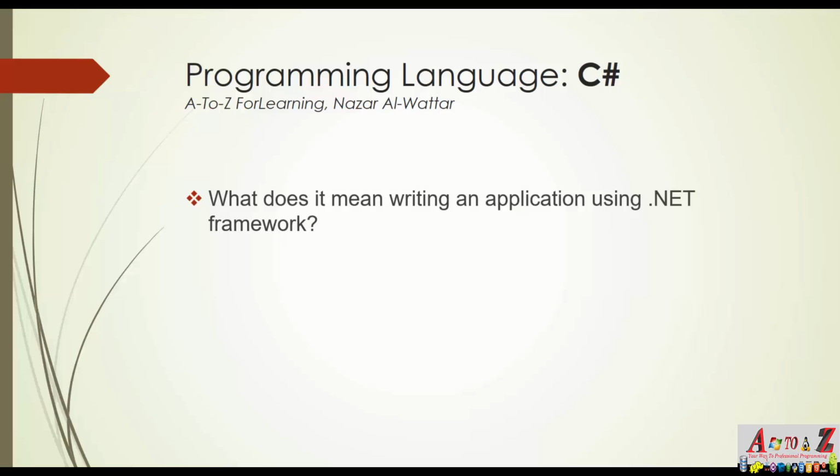In this way, we need to convert our code from C# or Visual Basic or any other language to a language understood by the operating system. This conversion is done by what they call a compiler, and the result will be code known as native code. So now we know the code that the operating system has the ability to understand and execute is the native code.